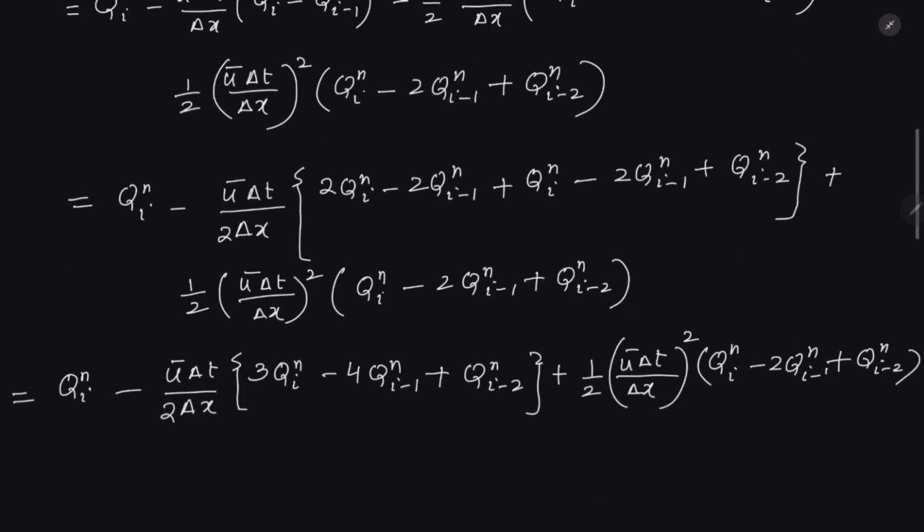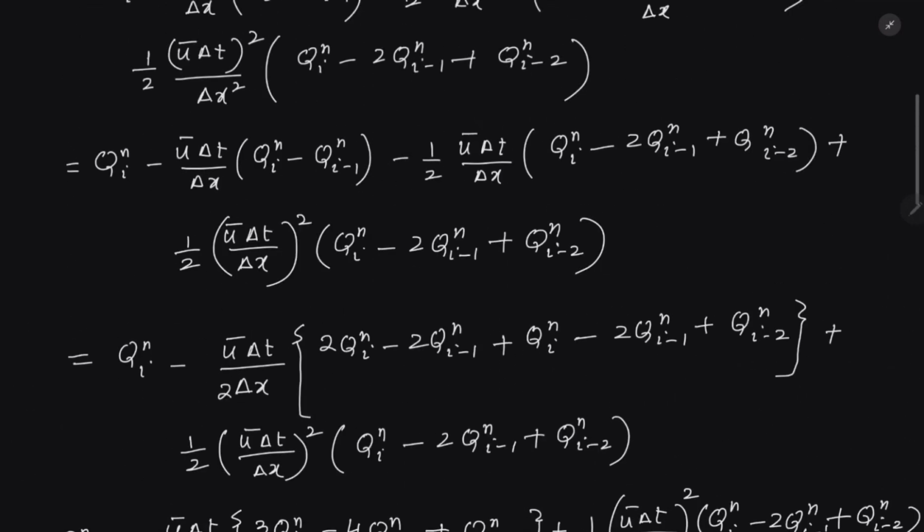And the next step is to take common u bar delta t by delta x from these two terms. And remember that u bar is the speed of the wave. So, for example, we have partial q by partial t plus partial by partial x of u bar q equal to 0, so u bar is the speed.